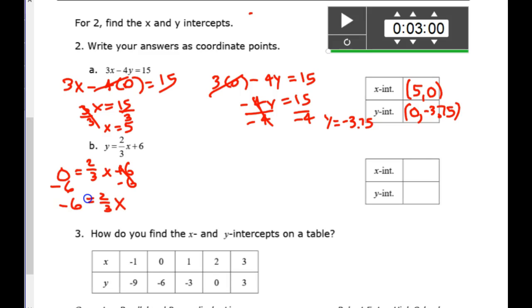How do we get rid of a fraction when we're solving for a variable? Instead of changing it to a decimal and then doing something with that, there's a way to remove it in its fraction form. So we always do opposites. So what's the opposite of a fraction? Multiply by what?